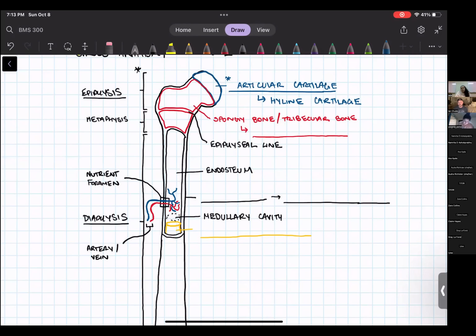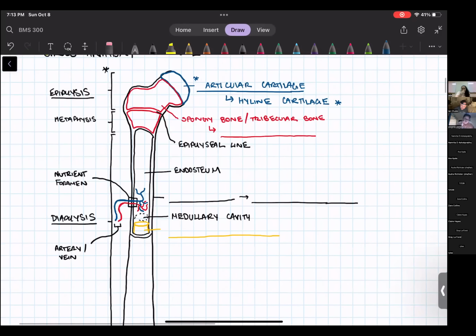Usually these line places where there's a joint, to protect bone from rubbing on bone. Hyaline is the type of cartilage, but we call it articular because it's articulating with the joint. You end up having a synovial capsule and other things that encapsulate the joint, but knowing that it's hyaline is a good thing.